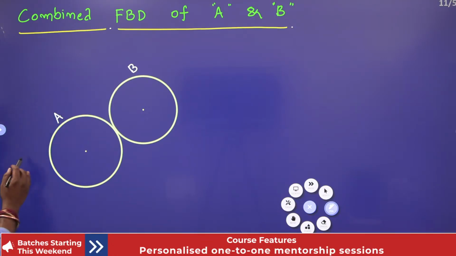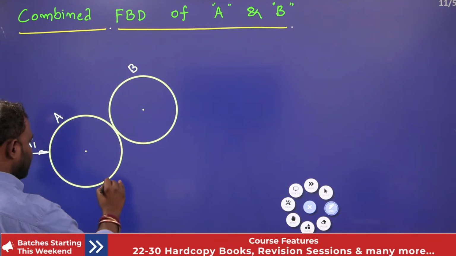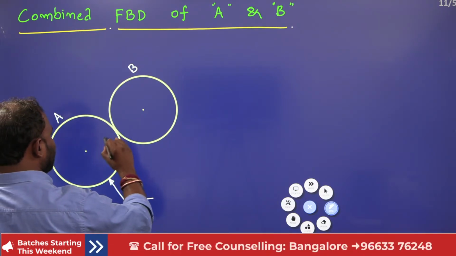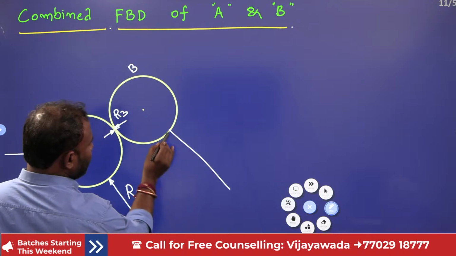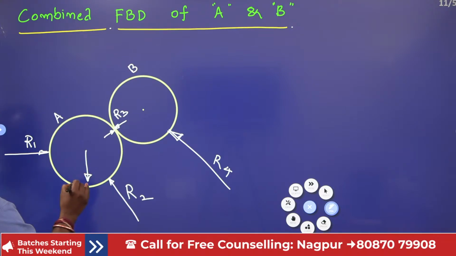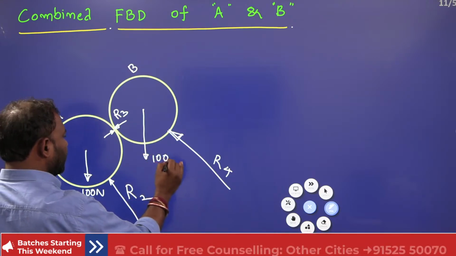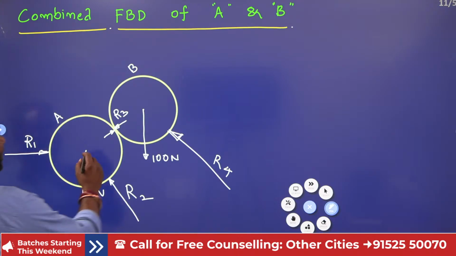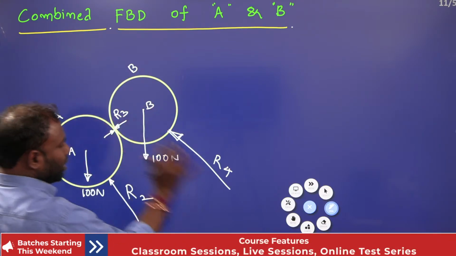See here, this is my reaction R1, as we know, R2, and here R3, and R4. Similarly, the weight of the body is 100 newtons downward. In that case, now I'm taking the center as A, and I just remove those.